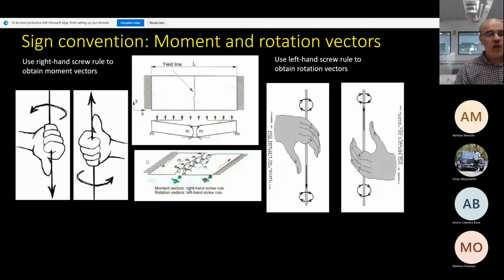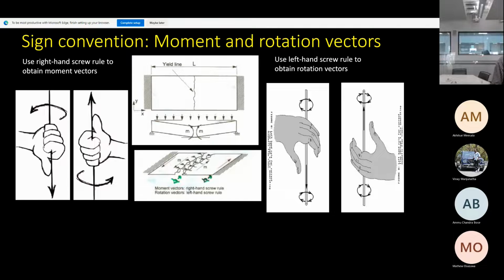Now let's look at the left part of the slab. Do you agree that this slab, when failing, is going to rotate about this edge, about this side? When this part of the slab is rotating about this side, in which direction is it rotating?